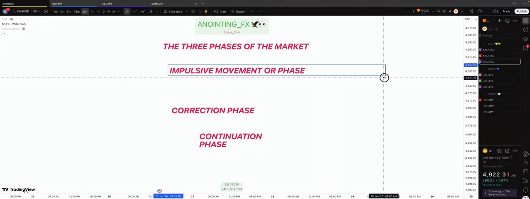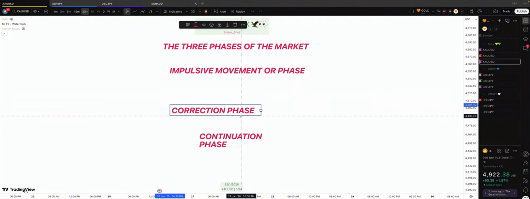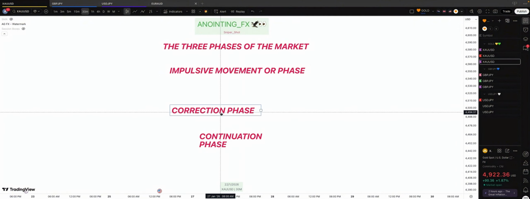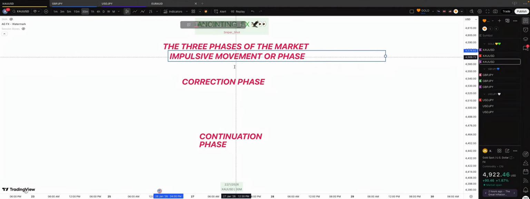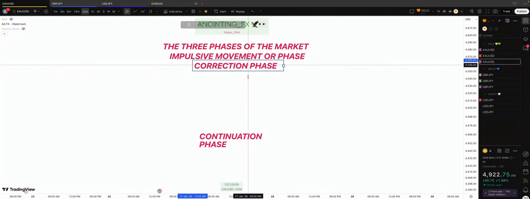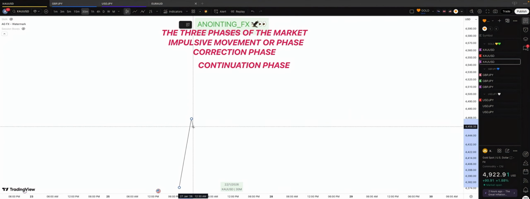So let's look at some of the patterns this will normally print. When we say impulsive, we want to see the market going in an uptrend or a downtrend, so that we know the direction at which the market will be going. So you see the market moving very sharp with just strong bullish candles in that regard.